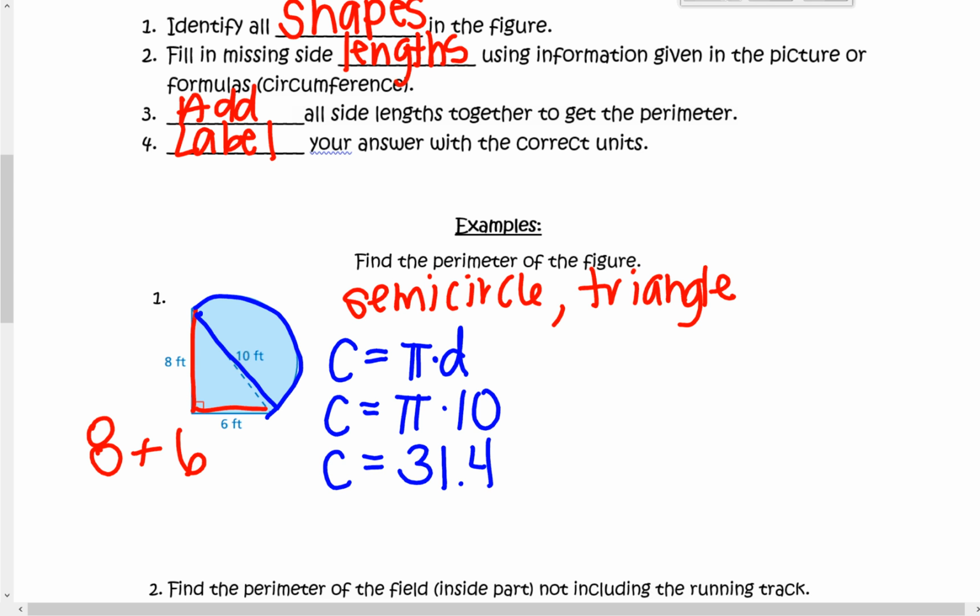Now that we know that this distance of the whole circle is 31.4, we then have to divide it by 2 to just get this half circle. So we take 31.4 divided by 2, and we get 15.7.